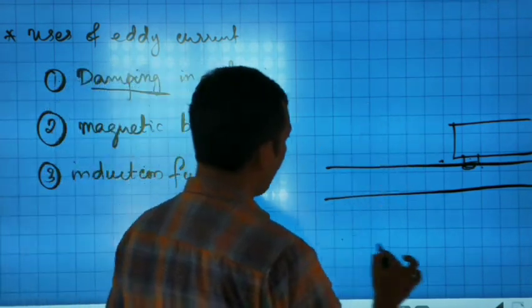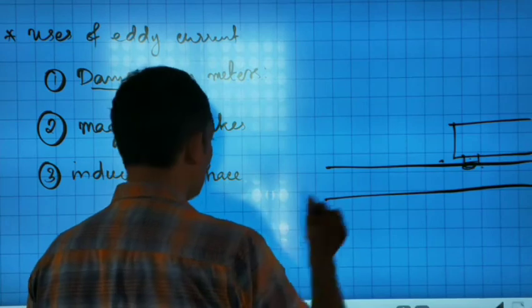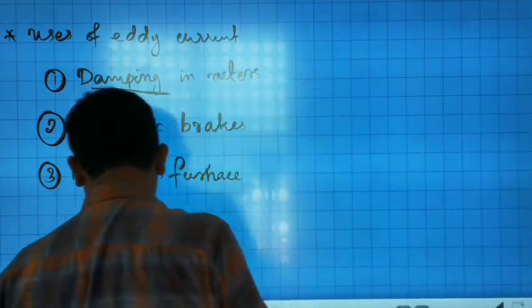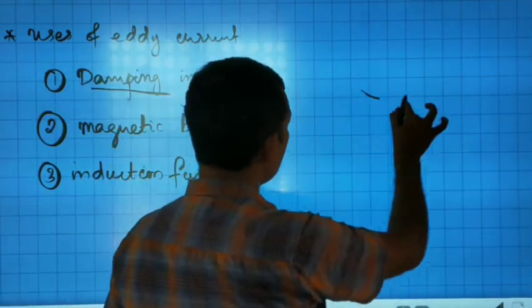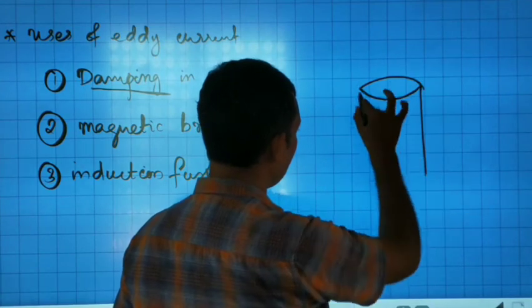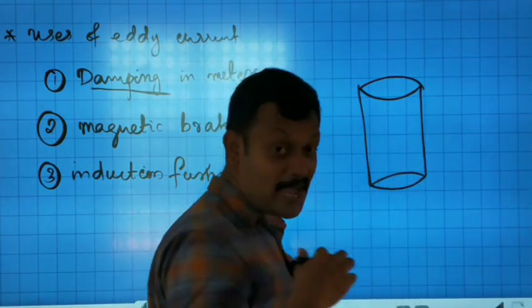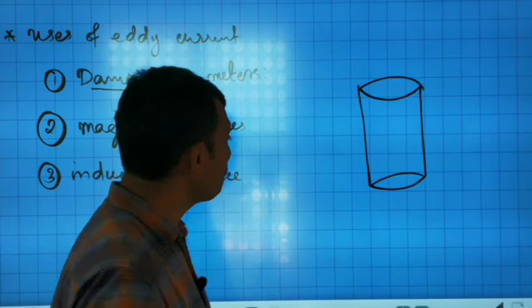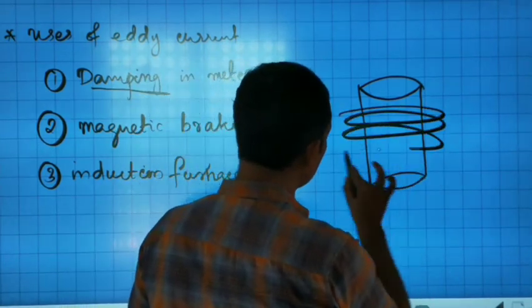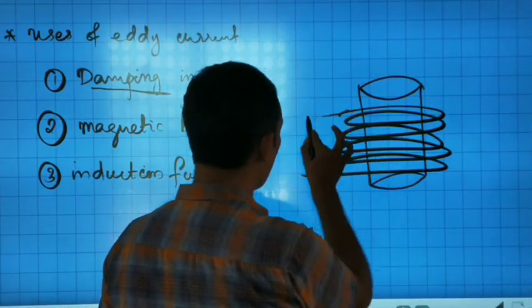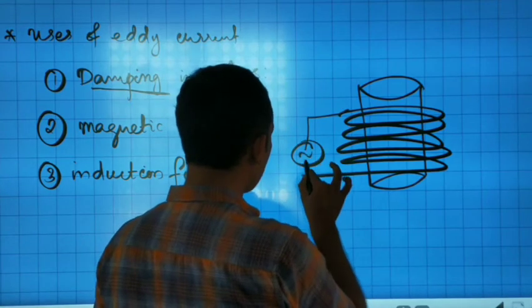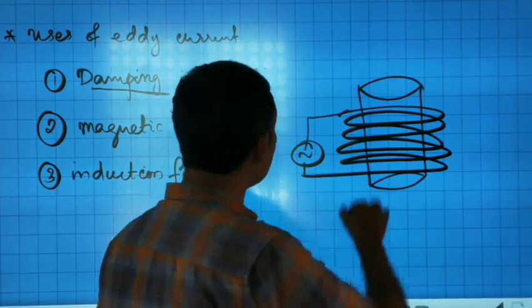It is a device for preparing alloys. Let me consider a particular metal. This is my physical visualization only. It is wound by a coil, and we apply a very high frequency current.